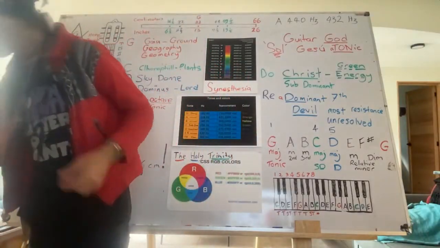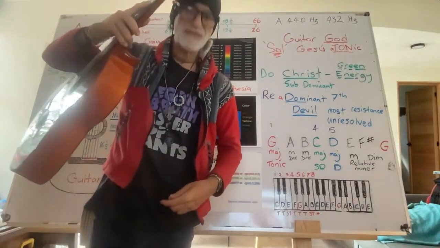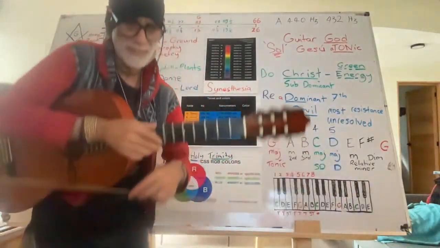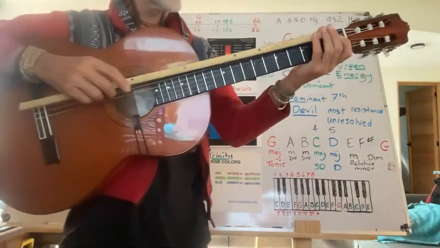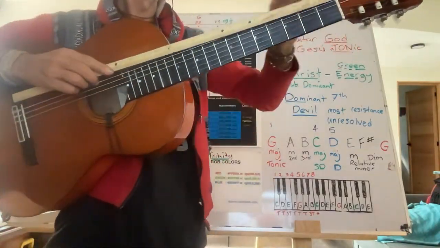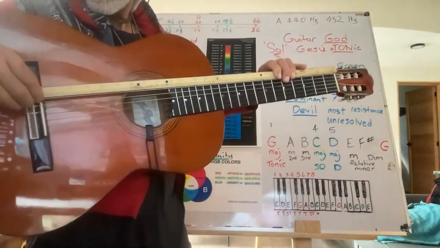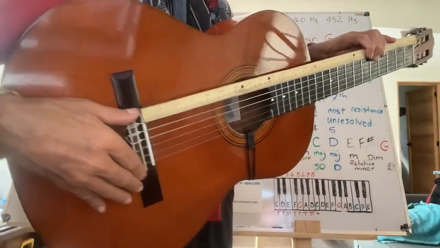So I just want to show you that this Ramirez is 65.5. Okay, so I want to be very accurate here. So you can see there, I've got that right on the saddle.